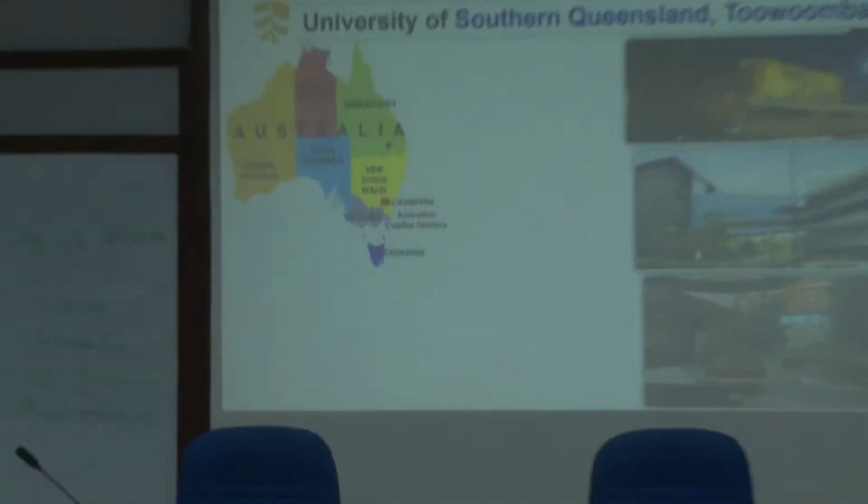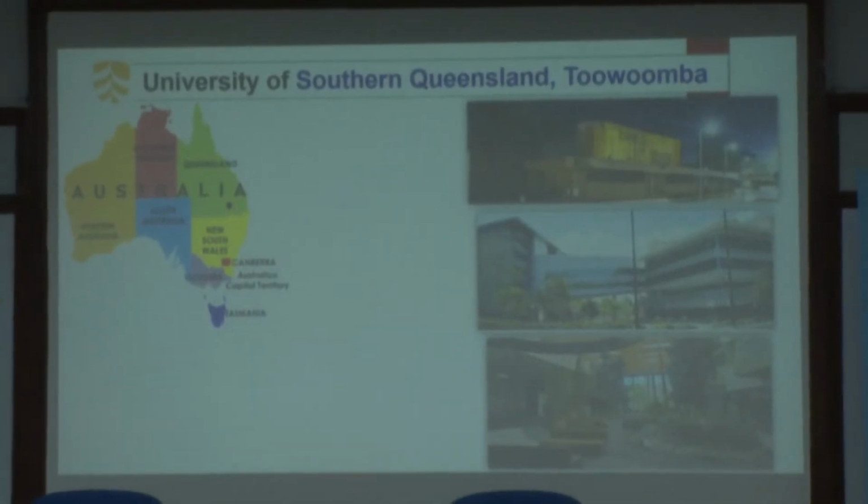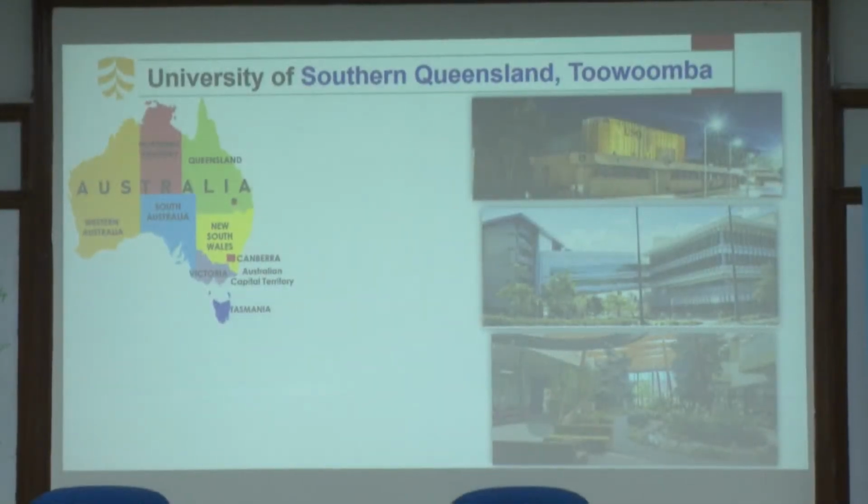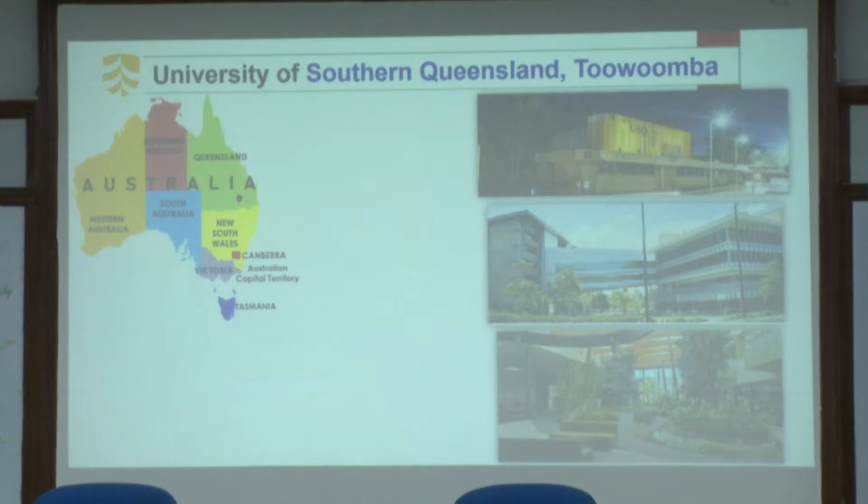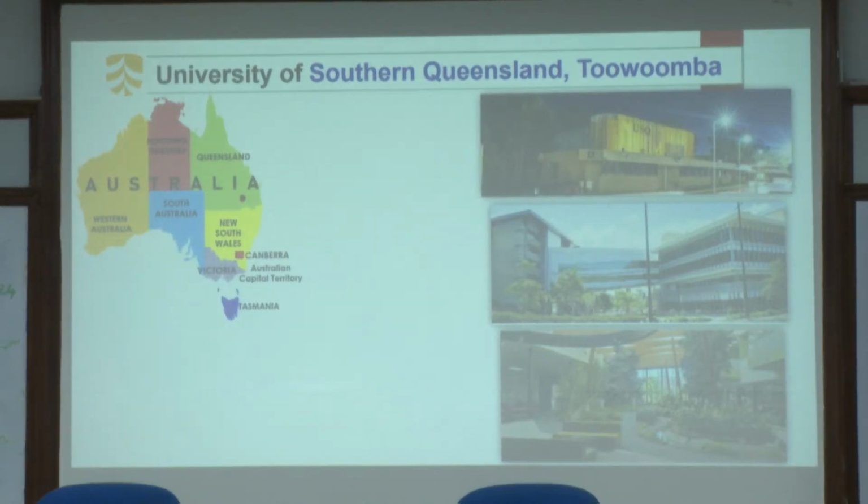I went for my training to the University of Southern Queensland, in Queensland, whose capital is Brisbane. Australia, as you know, is a big country and continent, divided into 6 major states and one Australian capital territory, Canberra.